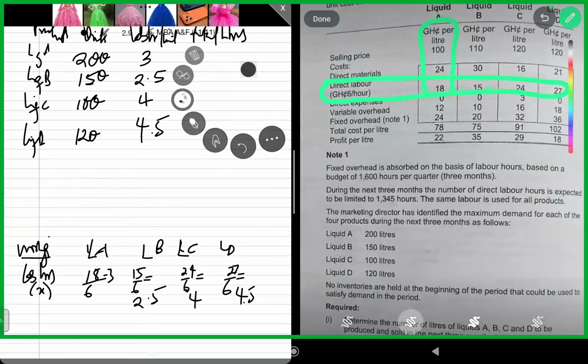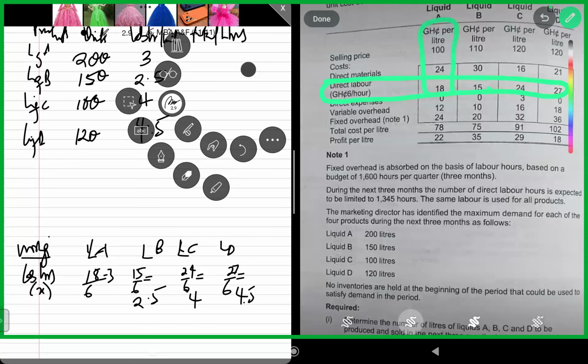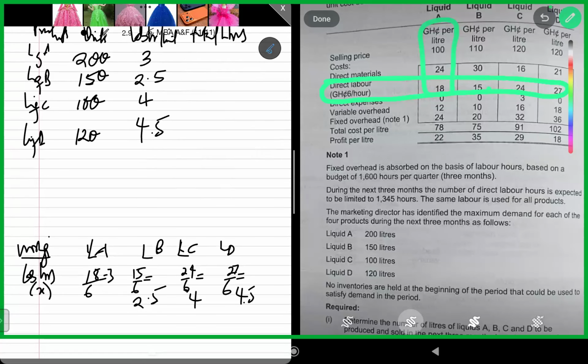So now we will multiply 3 hours by 200 units. What do we have? 600. So it means for liquid A, the business requires 600 hours to produce 200 units. Liquid B, 375. Liquid C, 400.